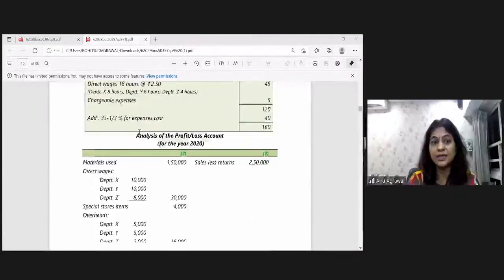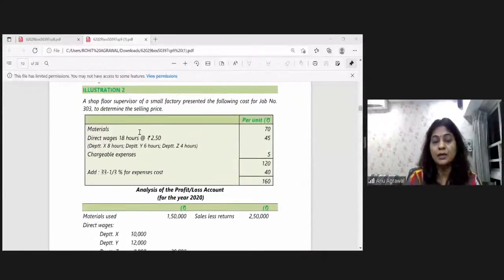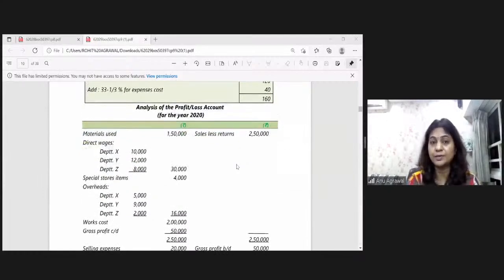They've very clearly said we absorb it, but on what basis? Nothing is given. They have just told us that these 18 hours were 8 hours from X, 6 hours from Y, 4 hours from Z. So I know the direct wage, I know the cost, but I need to absorb the overheads also. Yes or no?